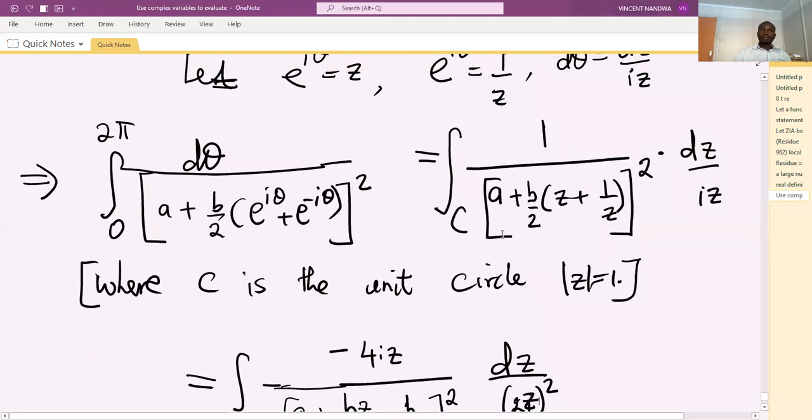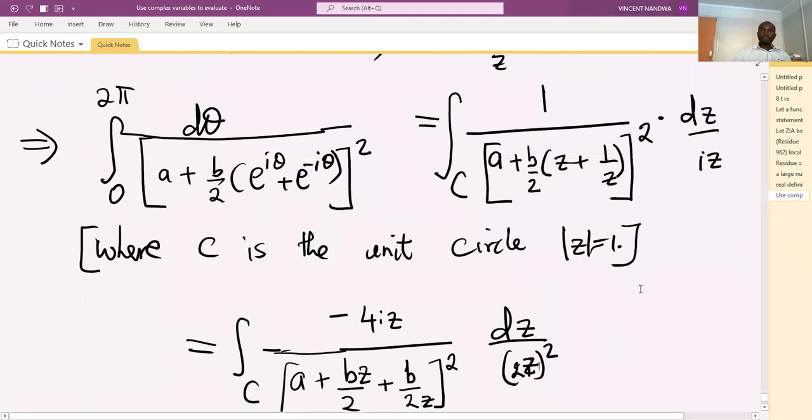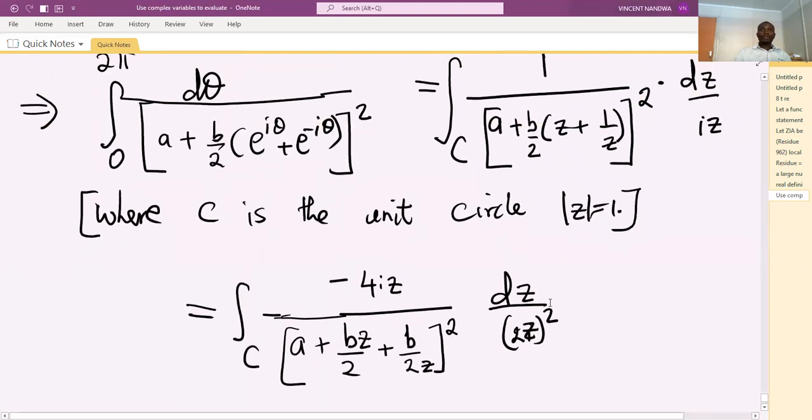I hope you should be able to see that the reason I'm putting here minus 4iz is because when you write (2z) squared, and then I have minus 4iz, then if you simplify this one, you get minus 4iz over 4z squared.